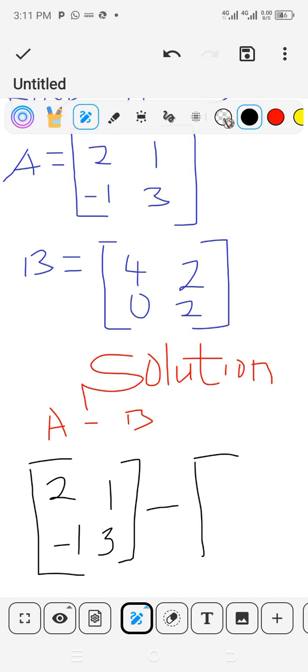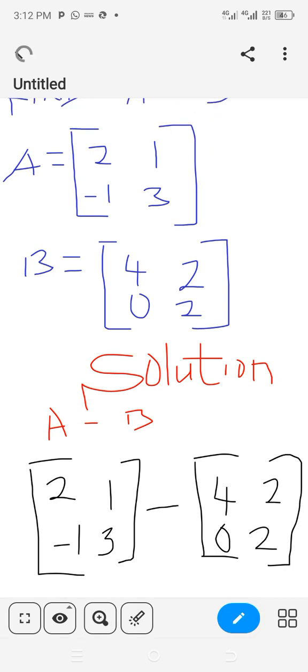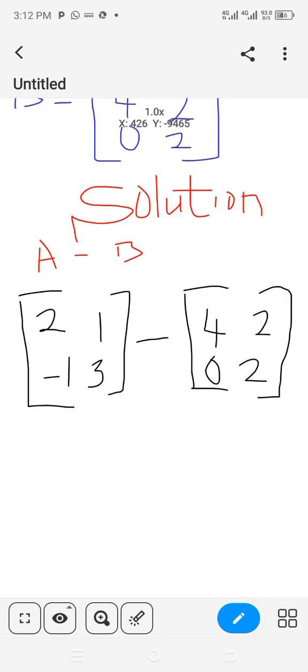Minus the elements in matrix B, which is 4, 2, 0, and 2. So now we are going to perform the operation, that is subtraction.